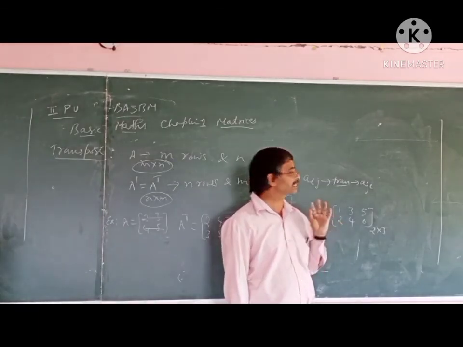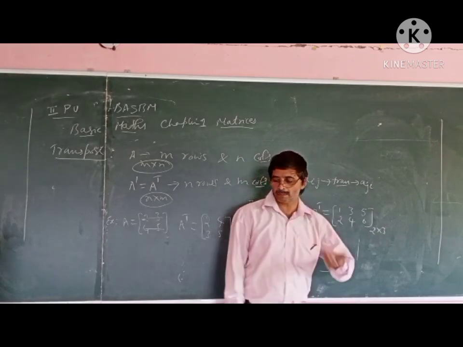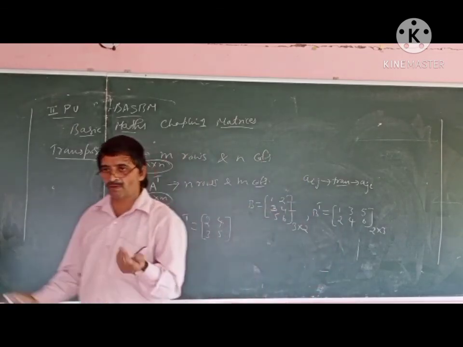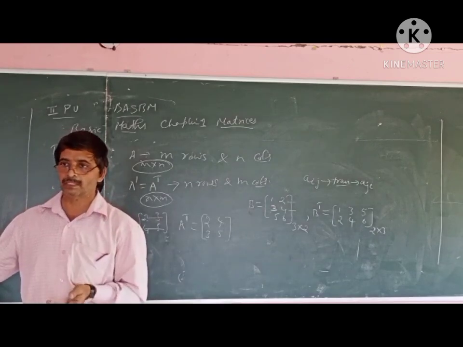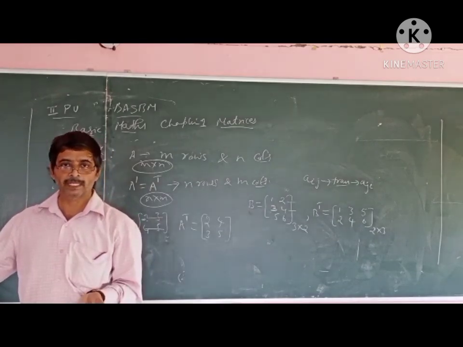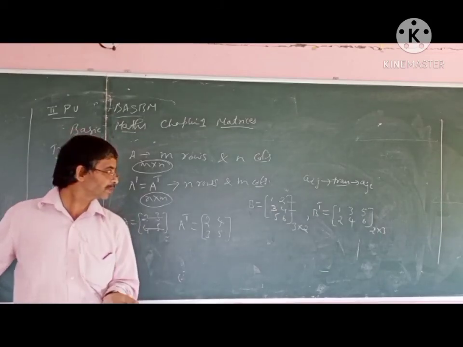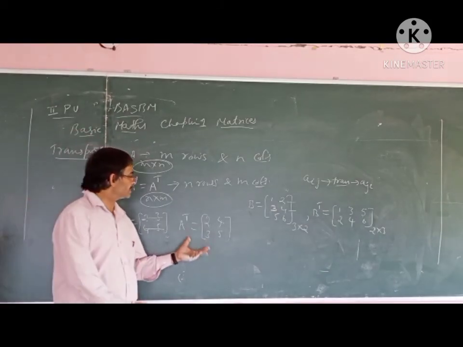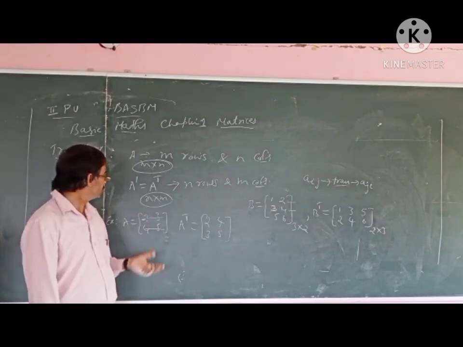So remember, A12 becomes A21, A14 will become A41, A32 will become A23. It should go on like this. So that is what transpose means, interchange of rows and columns.